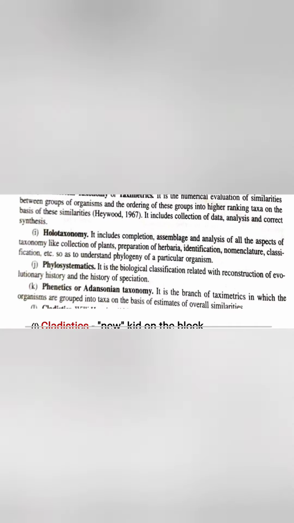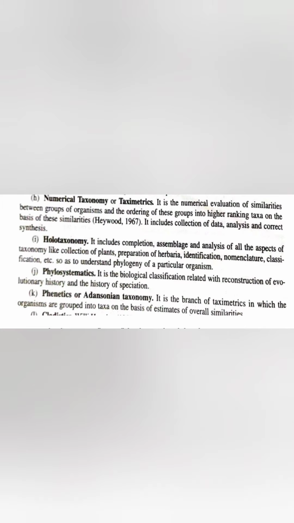Phenetic or Adansonian taxonomy, that is classification on the basis of overall similarities. Phylosystematics, it is the classification related with reconstruction of evolutionary history. Holotaxonomy, here we consider all the tools of taxonomic classification, that is collection, herbarium preparation, nomenclature, classification and all.